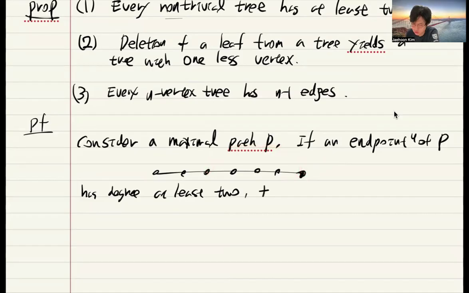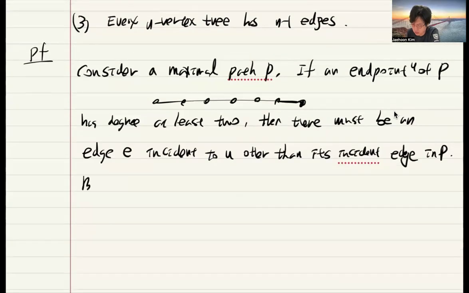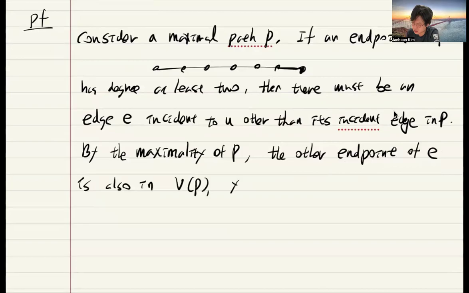But that's not true because then there must be an edge E incident to U, other than this last edge, incident edge in P. Then by the maximality of P, the other endpoint of E is also in the vertices of this P, yielding a cycle.